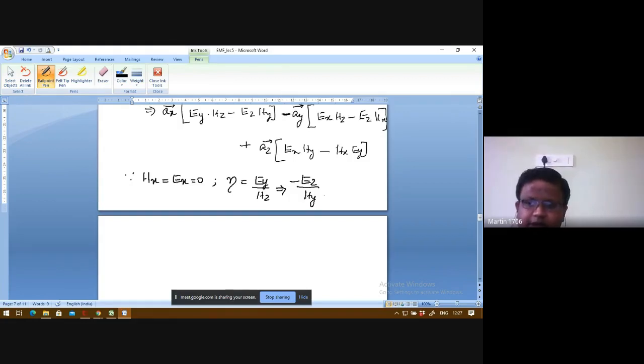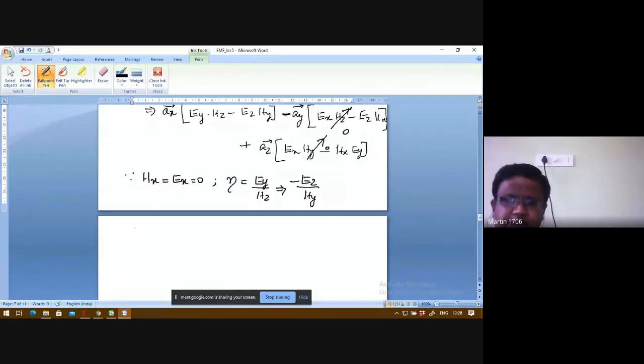So what happens? The second term and the third term vanish. How? We already said that Ex is equal to 0, and Hx is equal to 0, so this term vanishes. Similarly here also, 0 minus 0, this term also vanishes.